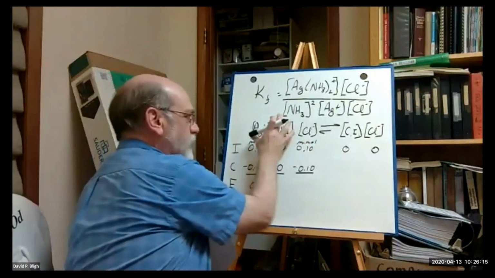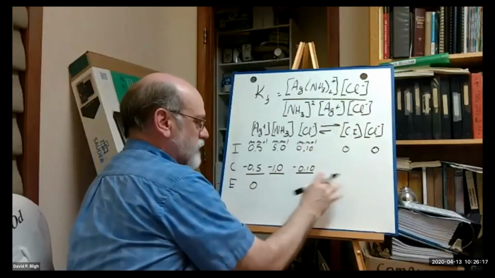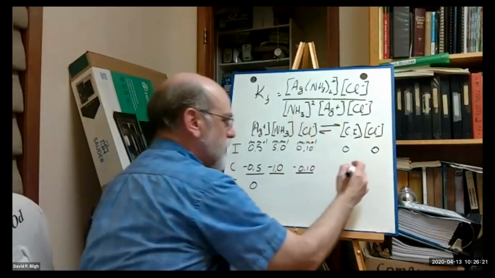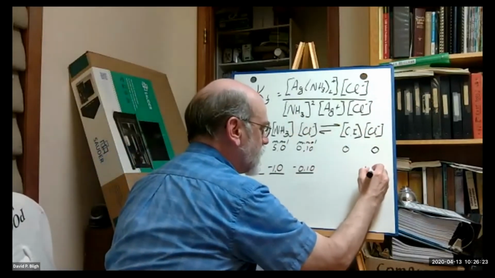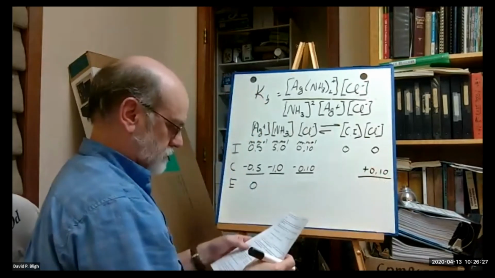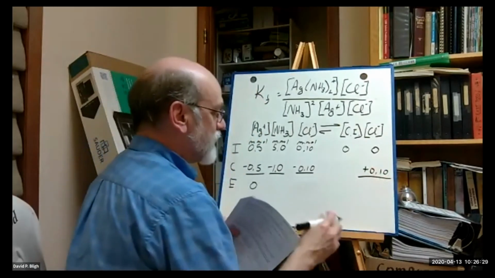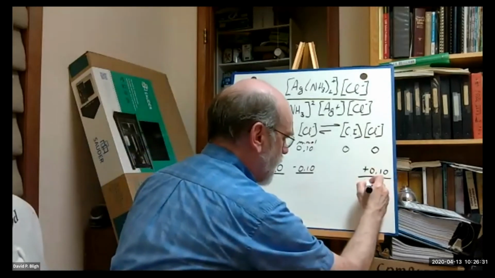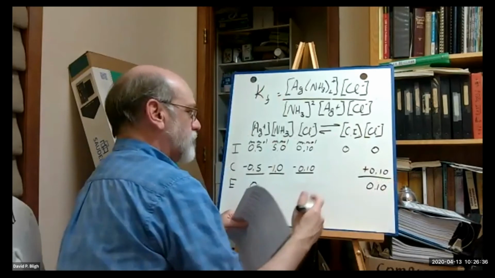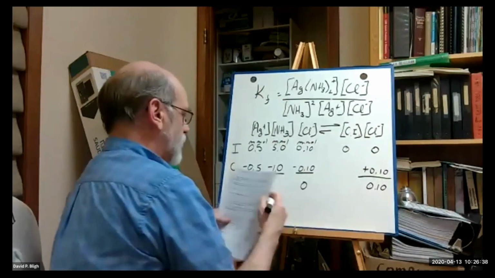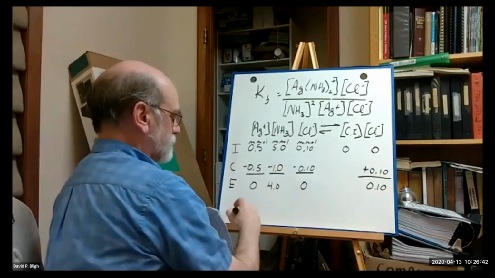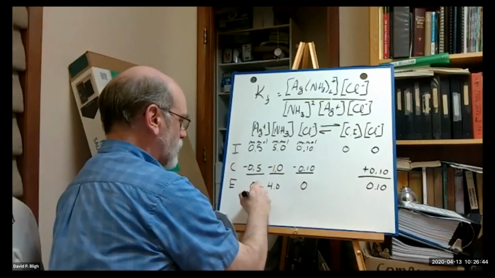So in order to go from here to here, we use up that much. And in order to go from here to here, we use up that much, and it ends up over here. Right? So that means in the end, we have 0.1 at equilibrium. We have 0 here, and we have 4 millimoles there. So each one of these is also millimoles.